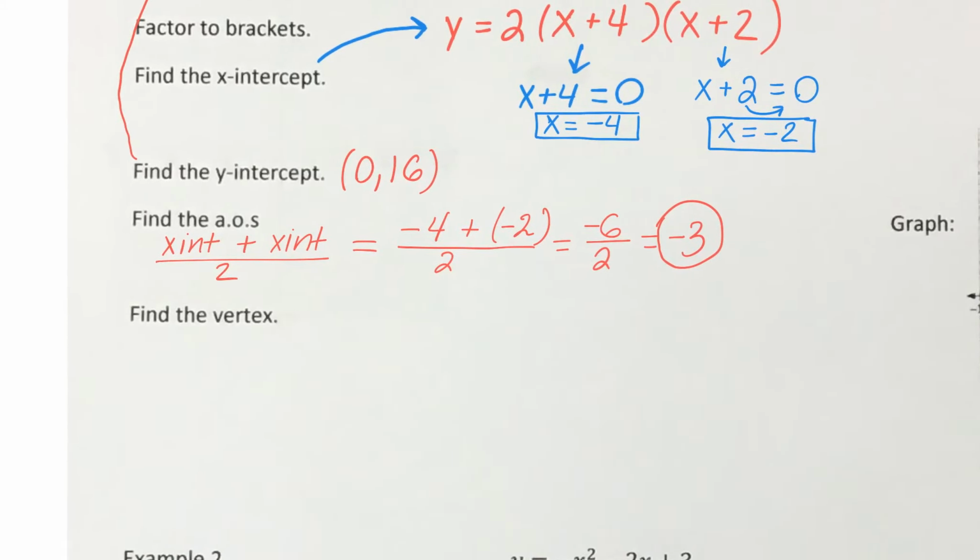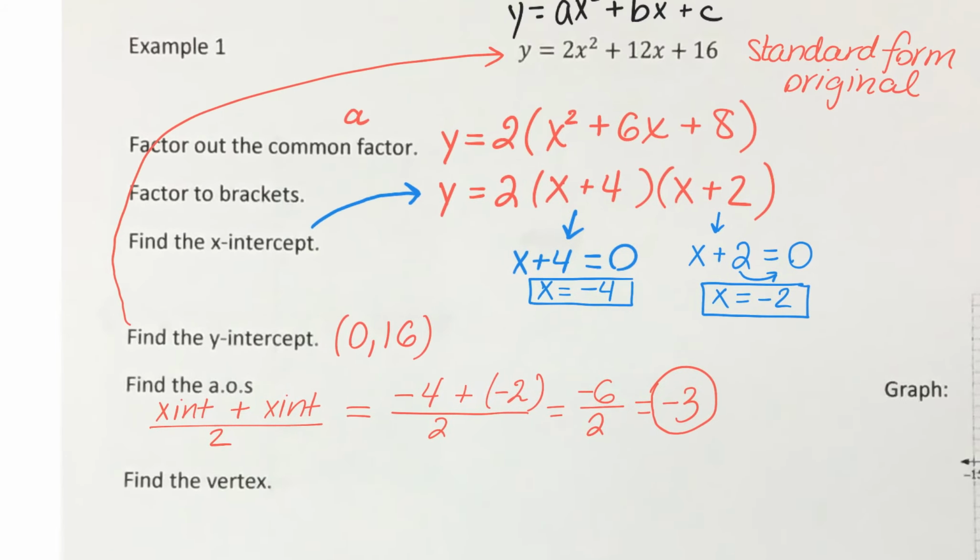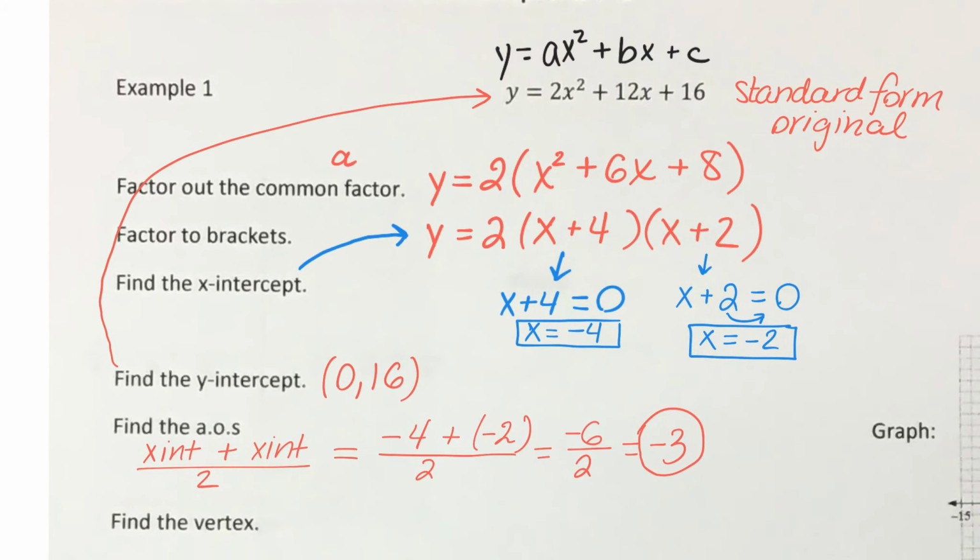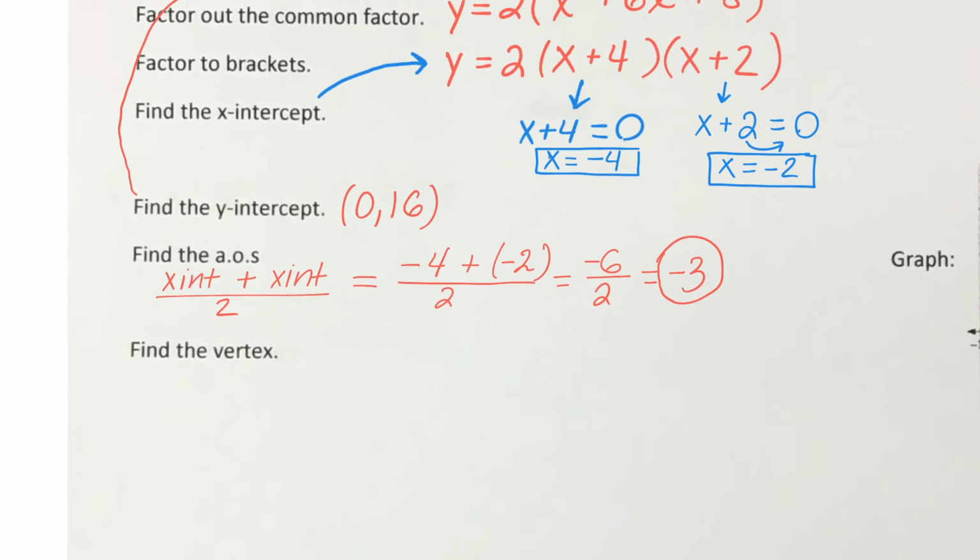When we find the vertex, we're going to plug the axis of symmetry into our function. Now, you can use any one of these. Remember, these three functions are all the same. I tend to use the original function because it's usually the easiest, but you don't have to. You can use whichever one you want.